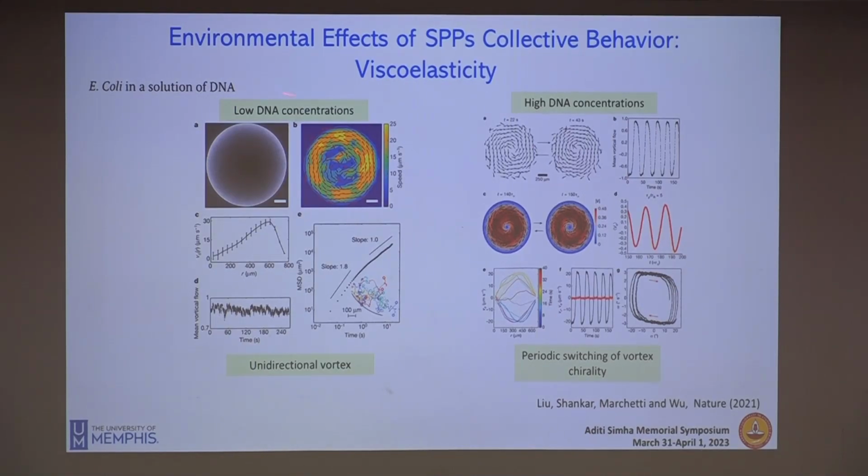What they observe is that at low DNA concentrations, the bacteria exhibit collective vortical motion that is unidirectional. It doesn't change direction. However, as the concentration is increased, there are reversals in this vorticity, and the reversal seems to be quite periodic.